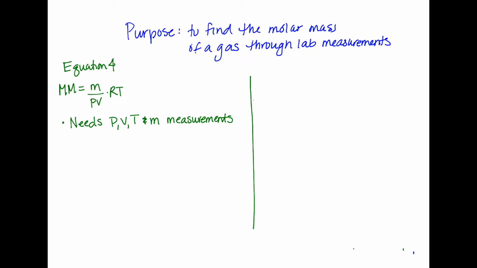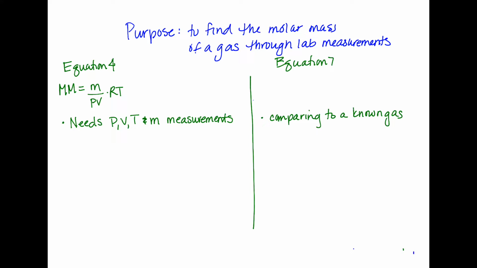But there's also a different method that we can use, and it's a method that uses the relative molar masses. So you're comparing your unknown to a known gas. And this is actually equation 7.